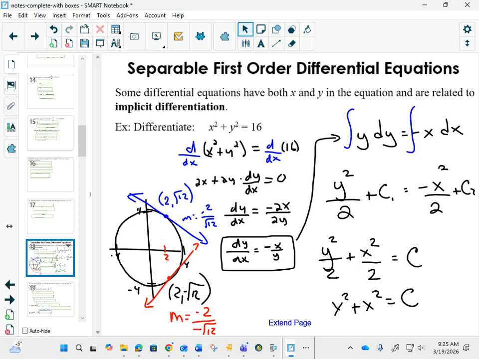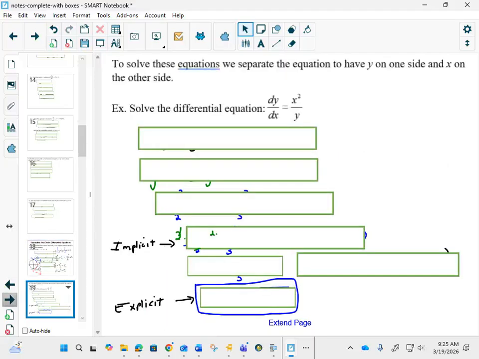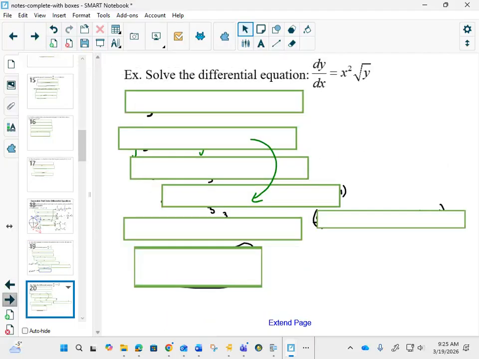So this is separable first order differential equations. The idea is when you have a differential equation with an x and a y, you want to get your x's on one side, your y's on the other. In particular, you need to make sure the dx is on the top on one side, the dy is on the top of the other.